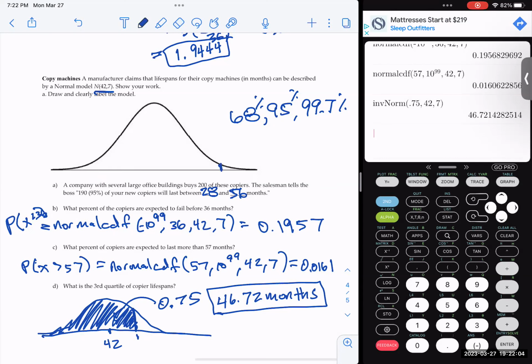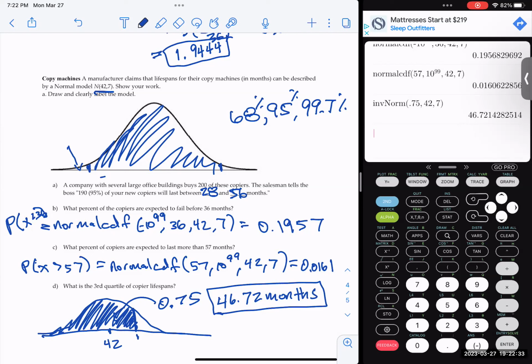If I wanted this number and I said, okay, 95% here, I could find these two values by looking at the area in the tails. How much area would be in this tail right here? If 95 is in the middle. 2.5%, exactly. And so I could find the X value like we did right here for the 0.25 area.